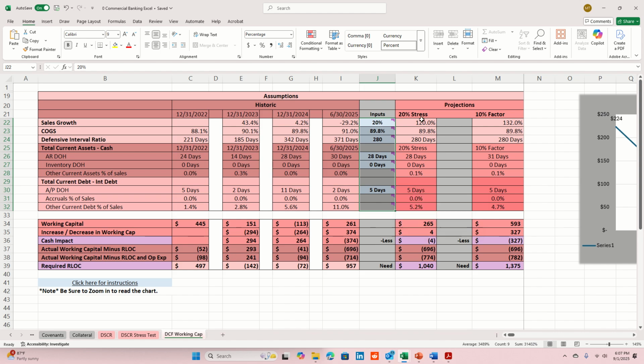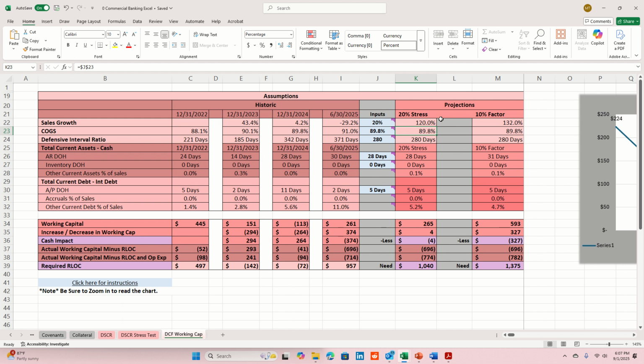So, as you can see, over here we have 120%. That means we're taking 100% and then we're adding 20% to it. And that's how we come up with our sales increase. We're saying for every single dollar we make, we're going to spend 89 cents.